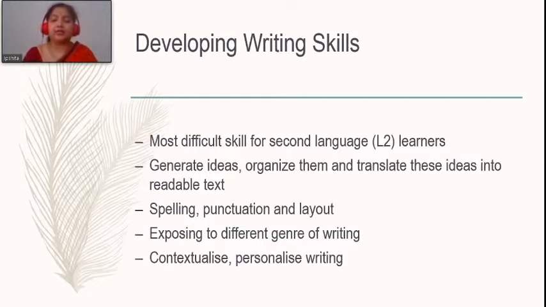Then comes different genre of writing. So writing can also be of different types, right? For example, story is a genre, poem is a different genre, a newspaper article is very different from a story, right? An advertisement commercial is very different from a newspaper article. Slogans, one sentence slogans. So we can create opportunity for our students to experience different genre of writing. Okay, so you can create a real life activity.